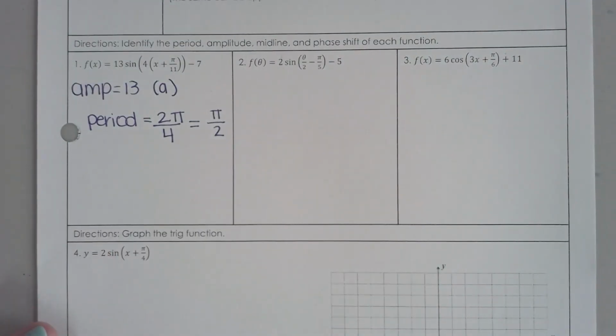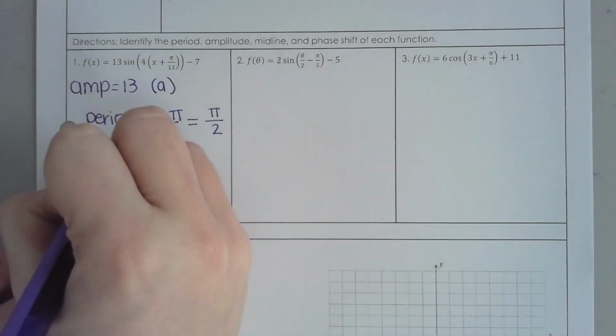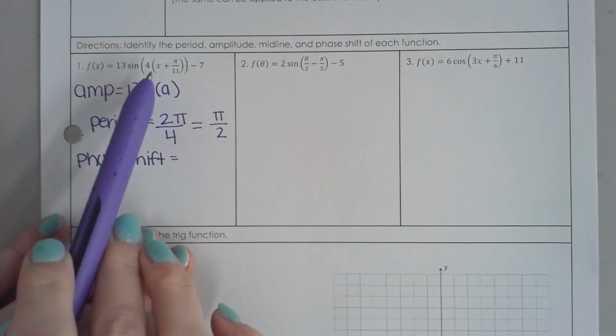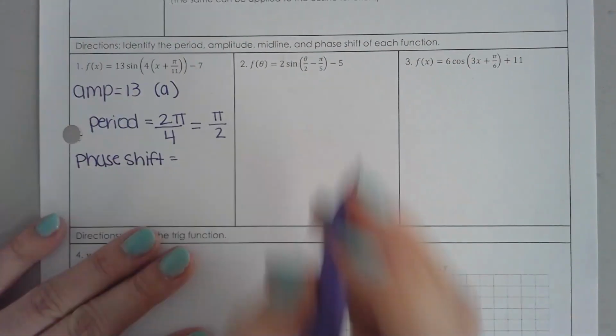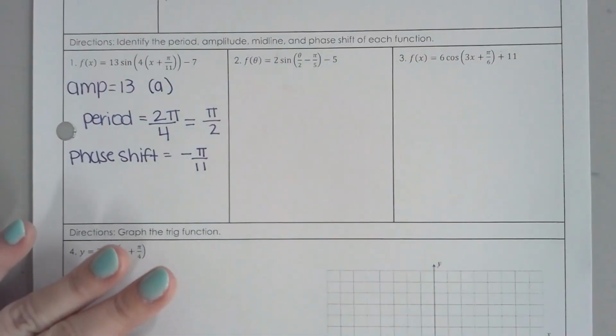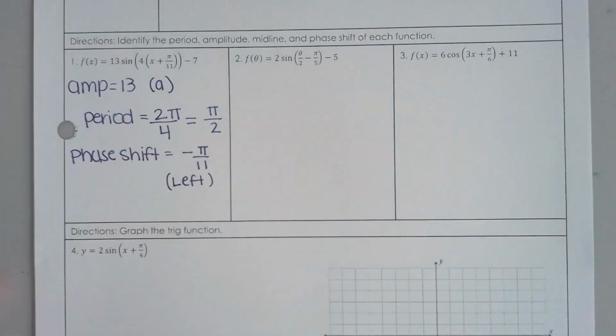Okay. Now the phase shift, that's your C. So I would say it's a phase shift of negative pi over 11. It's going to move left pi over 11 units.